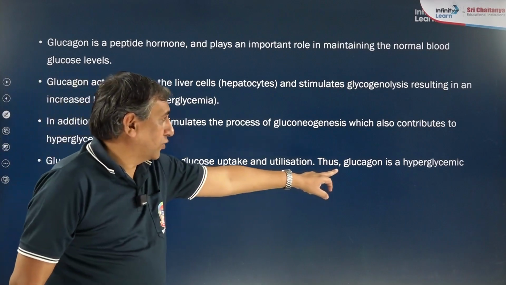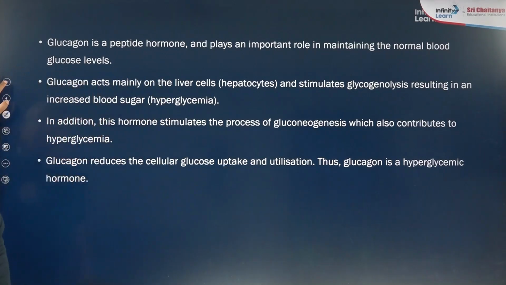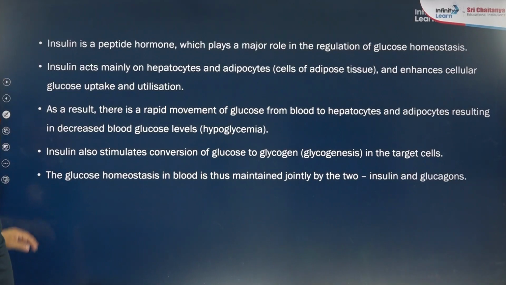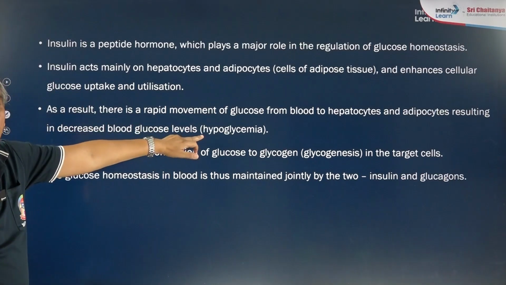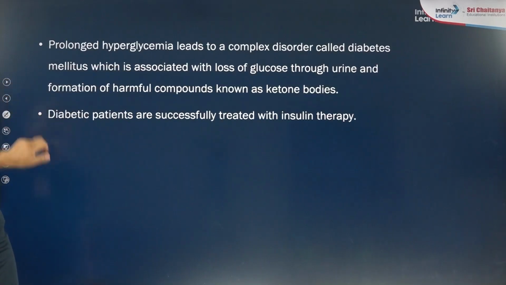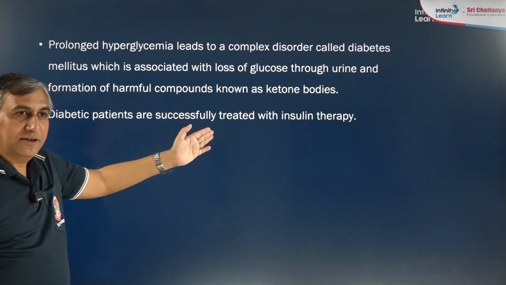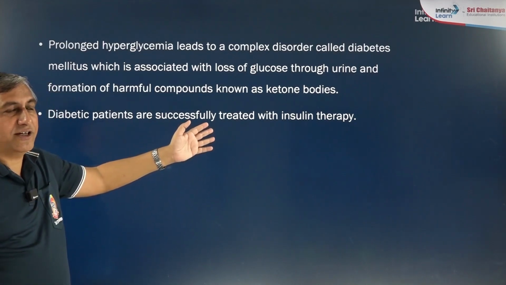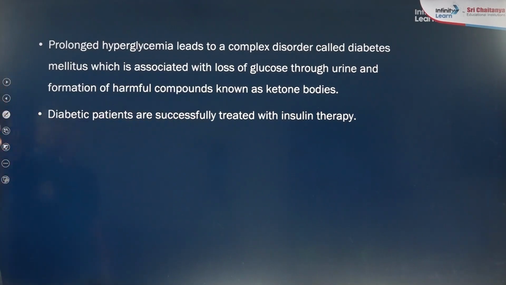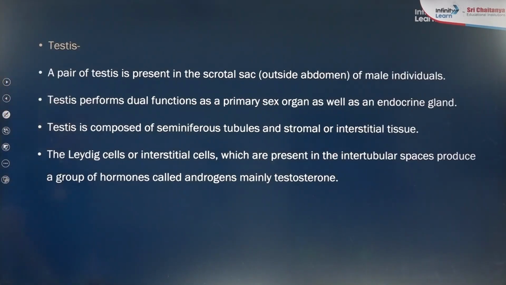What about insulin? Insulin is the hypoglycemic hormone. I already explained about insulin and glucagon. For a diabetic patient, there is only one treatment: insulin injection. So this is the one point that you have to remember related to insulin.